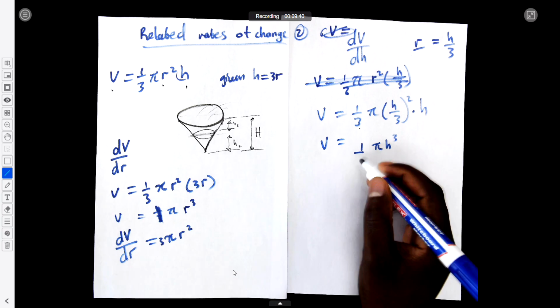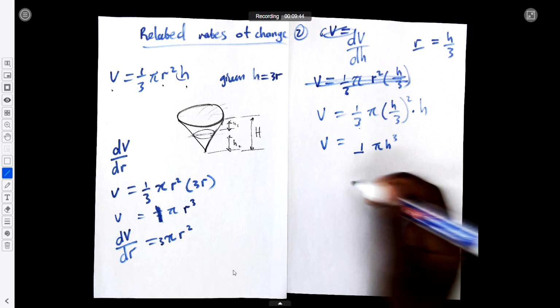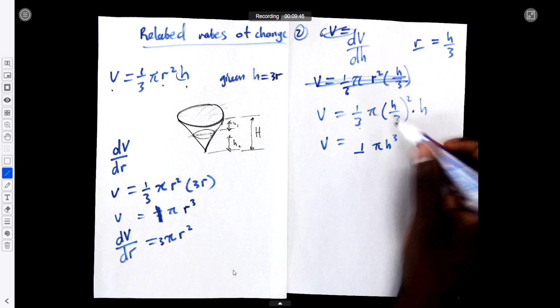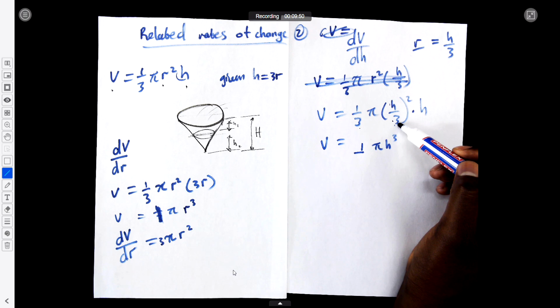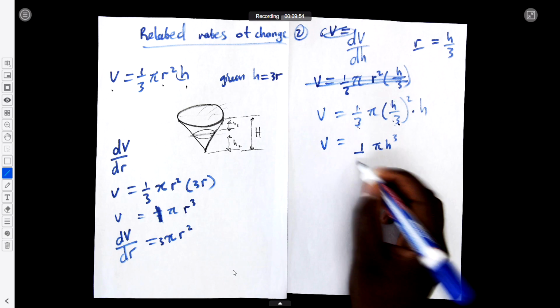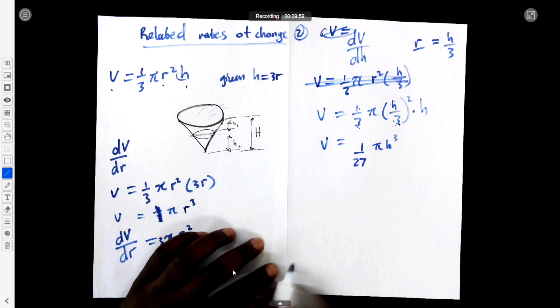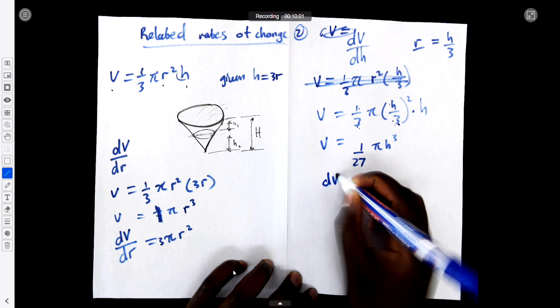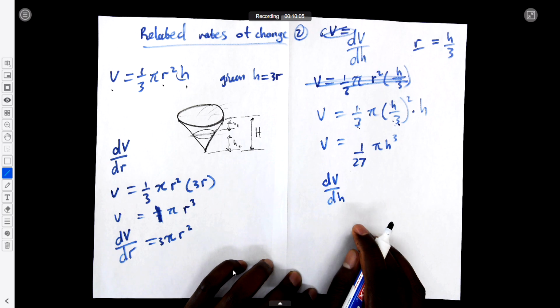So it is 1 over 3 times 1 over 9. I hope you see it, because this 3 is in the denominator. So 1 over 3 times 1 over 9 is 1 over 27. So V equals 1 over 27 pi H cubed.